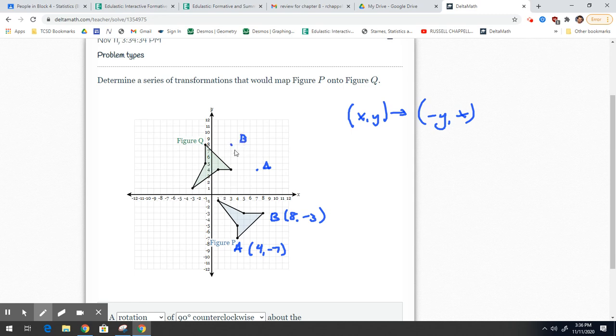And you can see what's happening here, right? These two have to become, let me erase that, was not very good. These two have to move to these 2 points. So now after I rotate, I have to move left, 1, 2, 3, 4, left 4. So that's a translation.